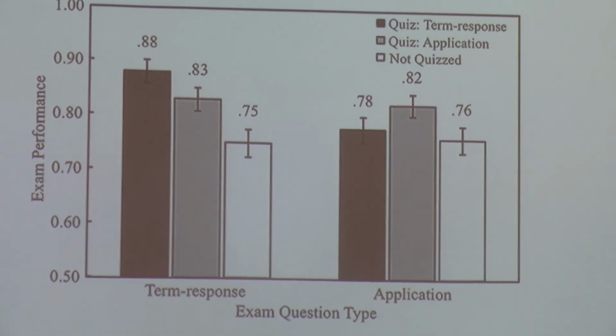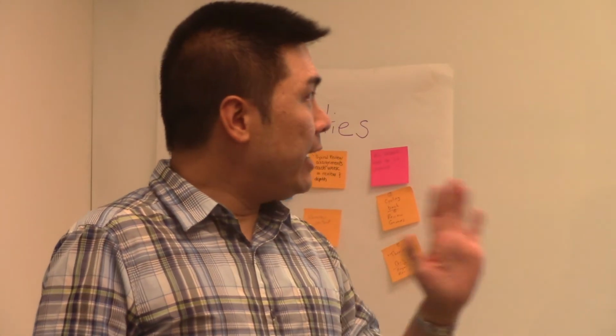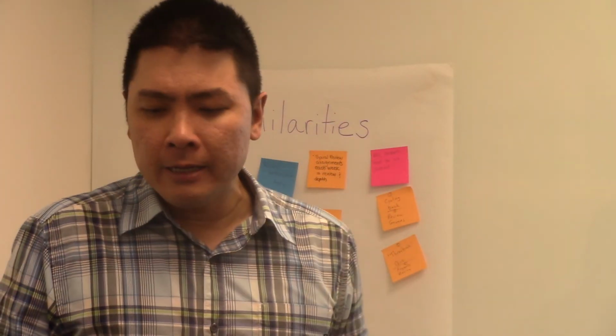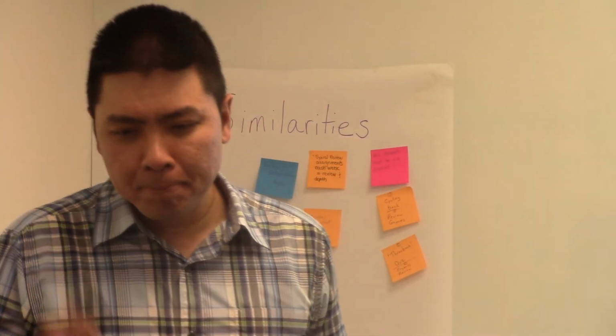Overall, these results tell us that quizzing in the context of a middle school science classroom can be very beneficial for students' learning. And again, this does not entail repetition of questions, not asking identical questions on the quiz as on the exam. So that's an important result for us to look at.